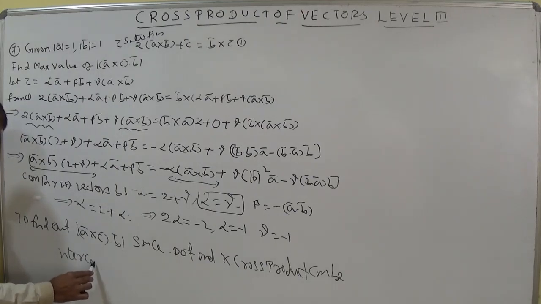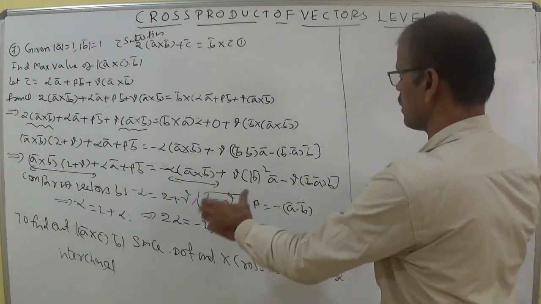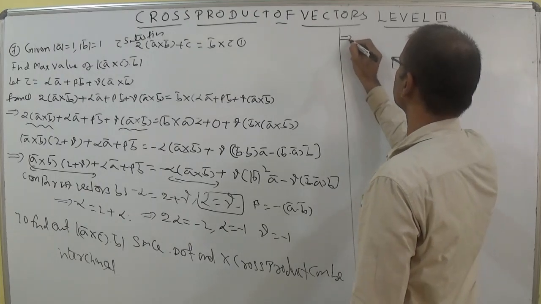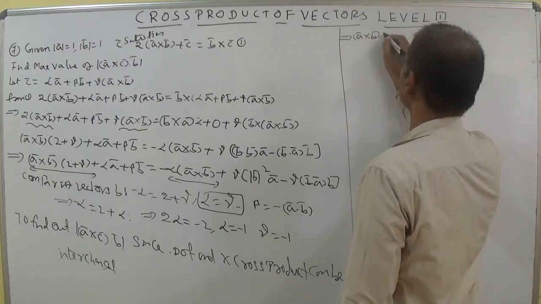So, next step, I am writing as A bar dot A bar cross B and dot C. That implies you can write here A bar cross B bar dot C bar.